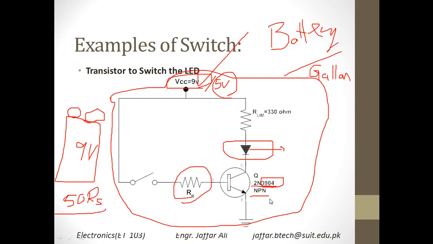You will need one LED, and this LED will cost you around 5 to 10 rupees depending on the color. Mostly the white color is a bit expensive, somewhere between 7 or 8 rupees. But the normal LEDs, the red or the green ones, are mostly around 3 to 4 rupees or maximum 5 rupees.